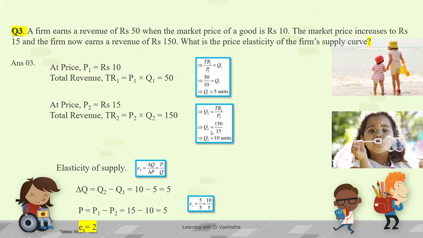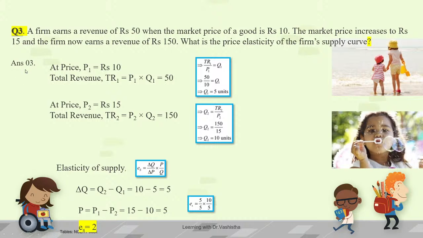Now with the difference of Q2 and Q1, we will find the change in quantity, which is delta Q. Delta Q is Q2 minus Q1, that is new quantity minus earlier quantity, 10 minus 5, which is 5. Delta P has to be P2 minus P1.